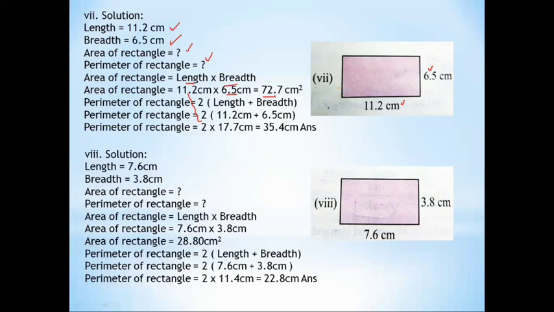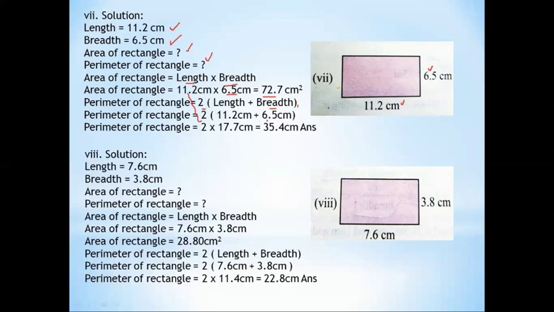Now we have to find the perimeter. In the same way, we have to write the formula first of all. Formula to find the perimeter is equal to 2, bracket started, length plus breadth, bracket over. This is the formula. Now replace and write the value of length and the value of breadth.